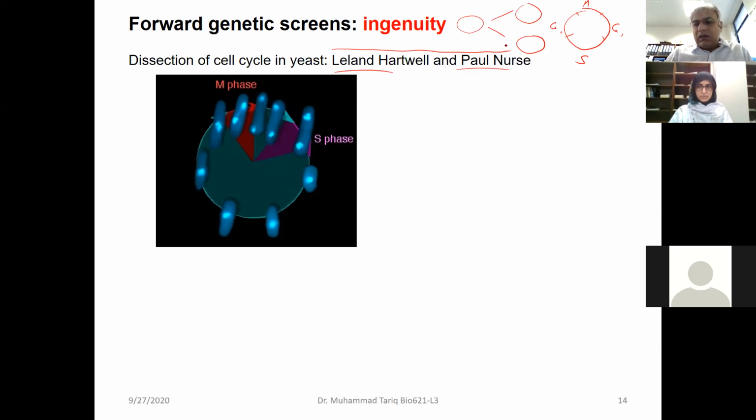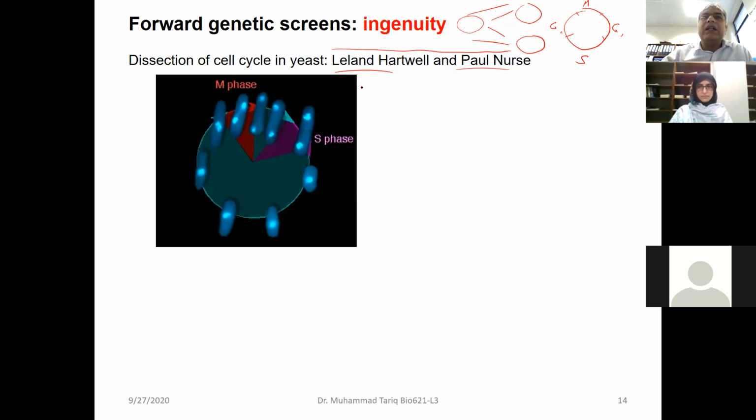Now, why is it an extremely genius assay? Because if you have mutations in genes responsible for this process of going from mother to two daughter cells, the mutants will die.